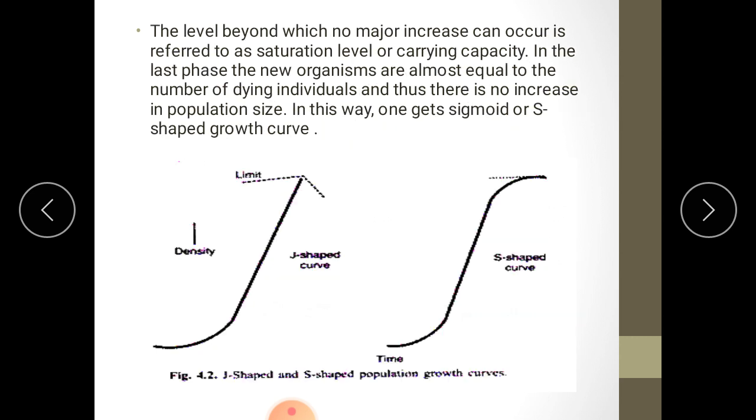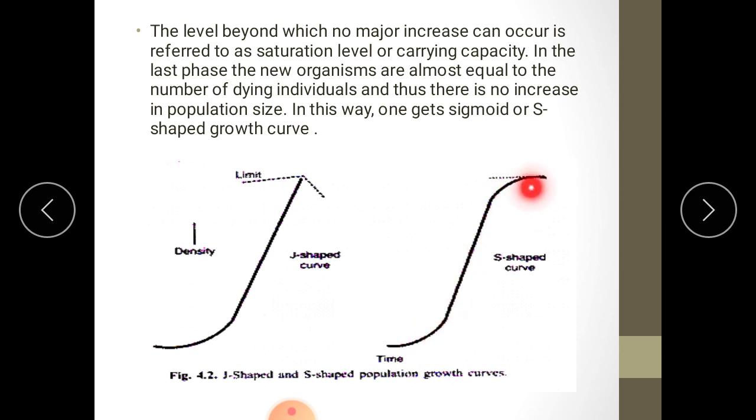See, look here, there are two curves. This is the y-axis and this is the x-axis. On the y-axis, what is plotted? The number of individuals of a population, right? On the x-axis, time. As time increases, the number of individuals of a population also increases.